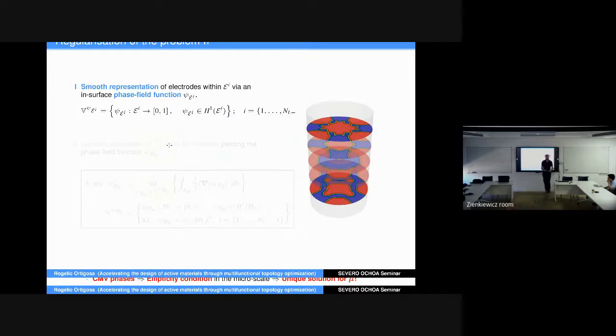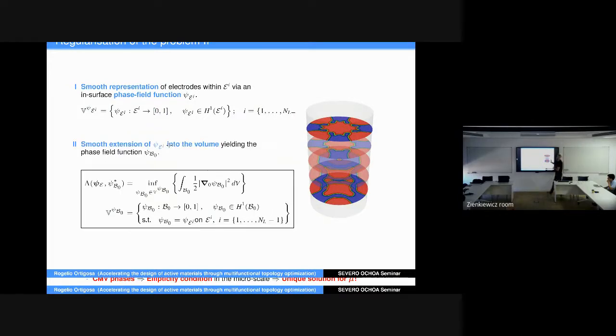By going crazy. The way I'm going to do it is by extending the effect of those phase fields restricted in the surfaces. I'm going to extend its effect into the volume. How? By defining this minimization problem. These surface-restricted phase fields are going to allow me to define this volume phase field.